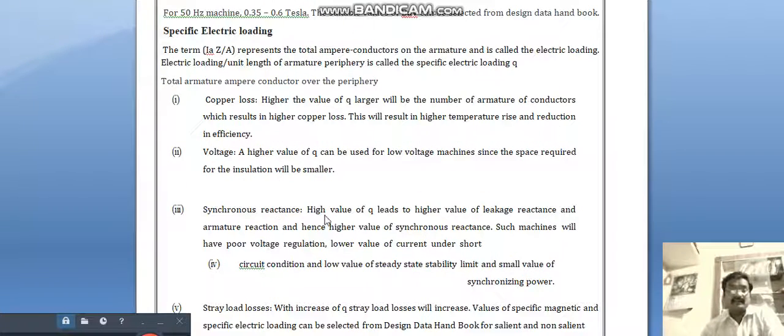Synchronous reactance. A high value of Q leads to a high value of leakage reactance and armature reaction, and hence a higher value of synchronous reactance. Such machines will have poor voltage regulation, a lower value of current under short circuit condition, a low value of steady state stability limit, and a small value of synchronizing power.